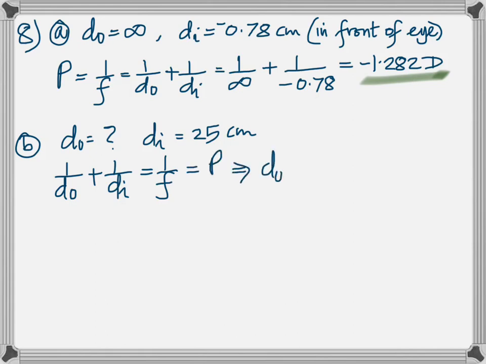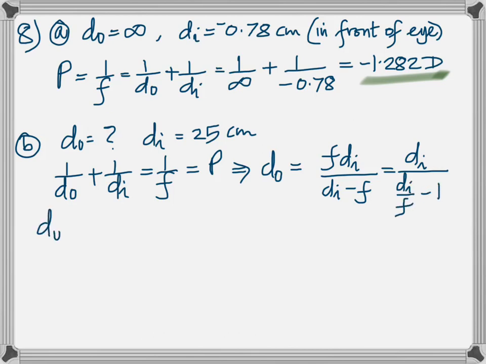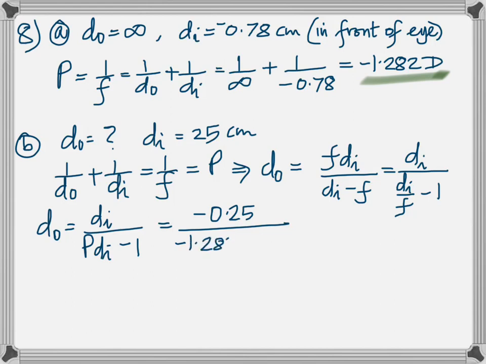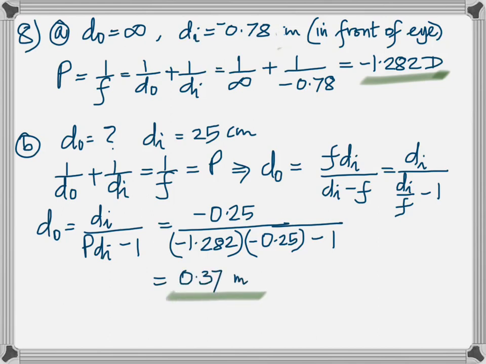So we're going to look at what's the object distance so that the image is formed at 25. Make DO the subject. 0.37 meter.